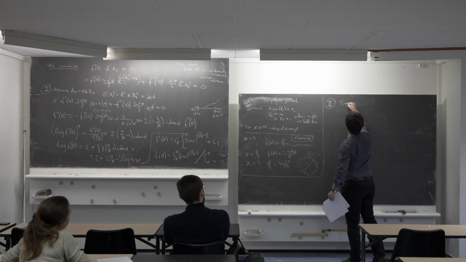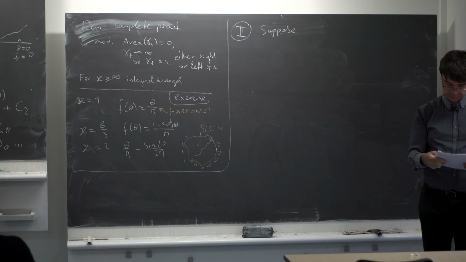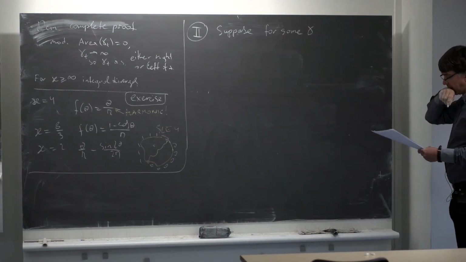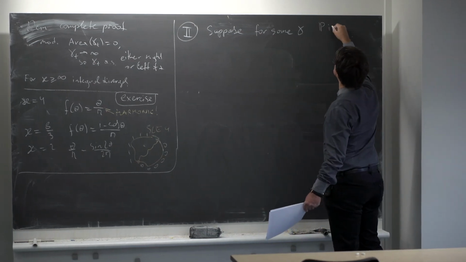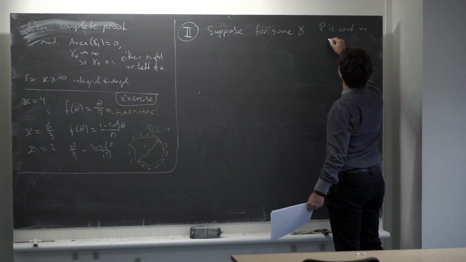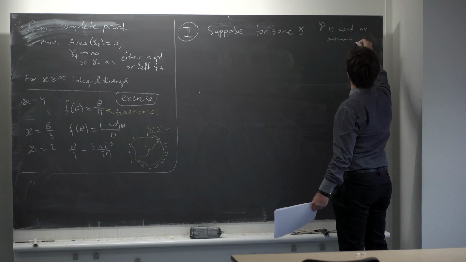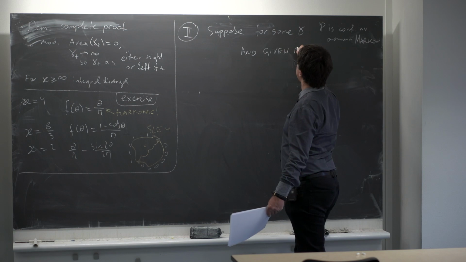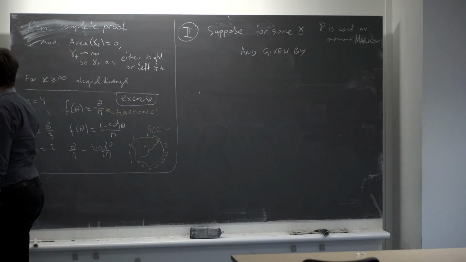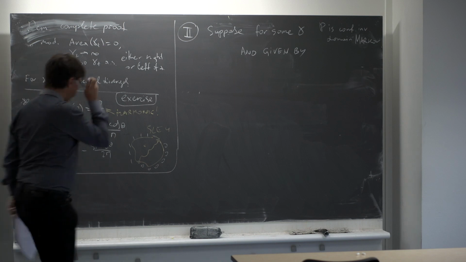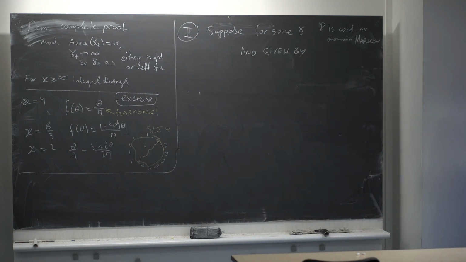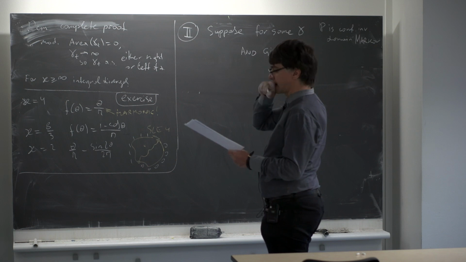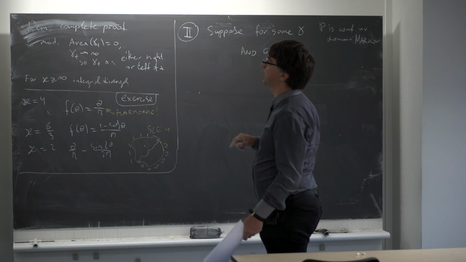Suppose for some curve gamma, this probability is conformally invariant, domain Markov, and given by this formula, let's say the snowflake formula. Then what do we get?